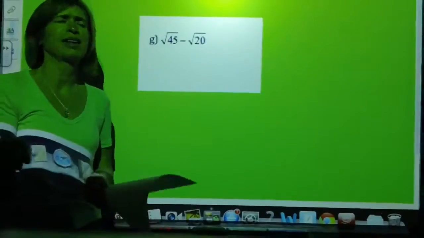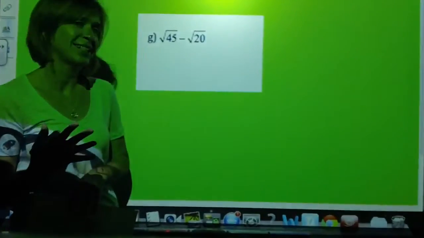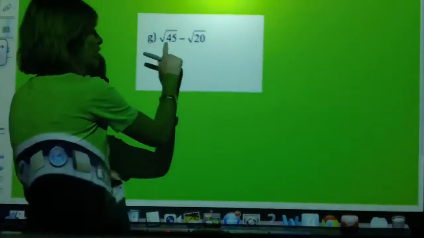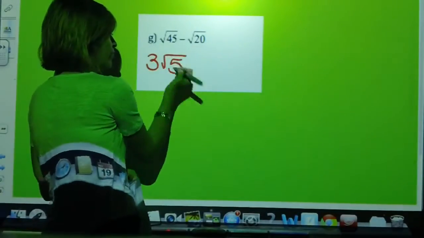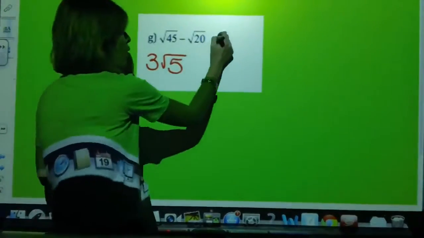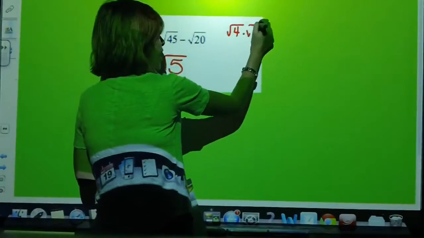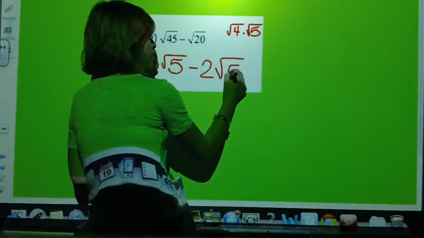All right, harder. Oh gosh, Coach Fred, you gave me 2 radicals and they look nothing alike. Because they aren't. They are not like terms yet. So we look at 45. We've already reduced 45 to 3 radical 5. And we're going to reduce 20. If you remember, 20 is the square root of 4 times the square root of 5, which gives me 2 radical 5.